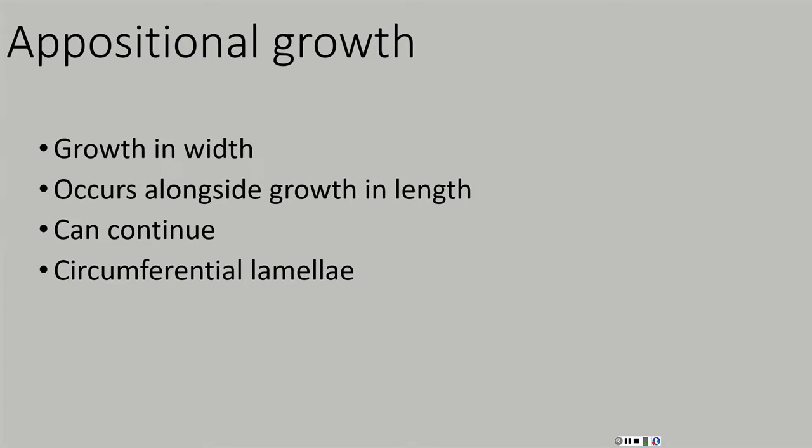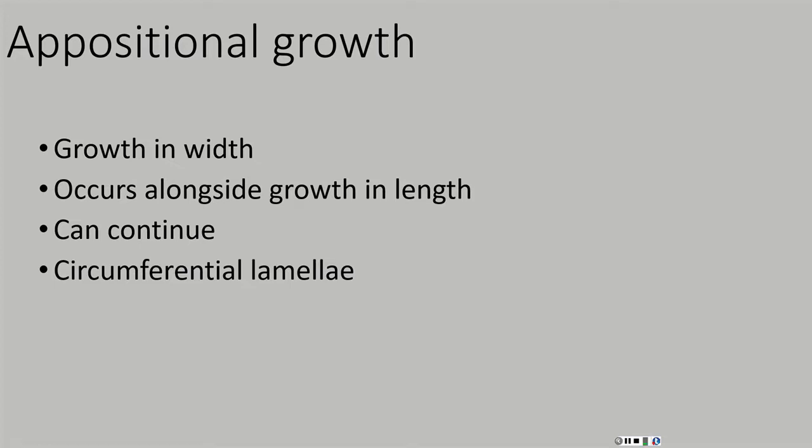The bone is going to get wider. And while growth in length tapers off and eventually stops, the growth in width can occur throughout your life. It occurs while the bones are getting longer, but it can continue throughout your life.